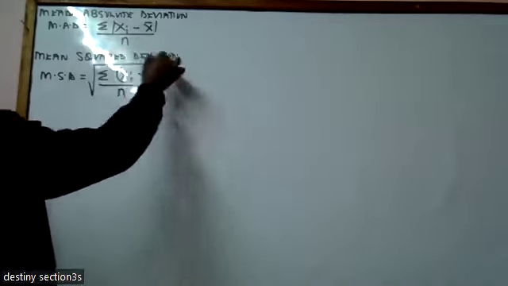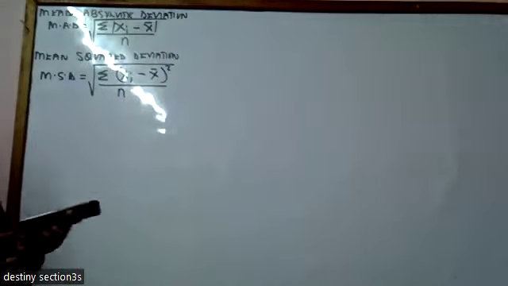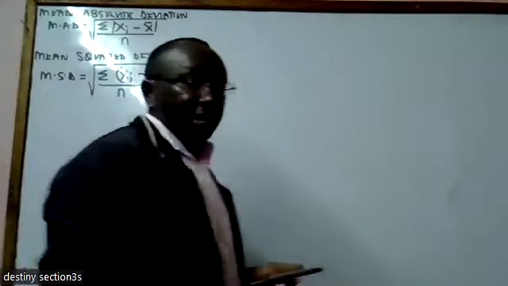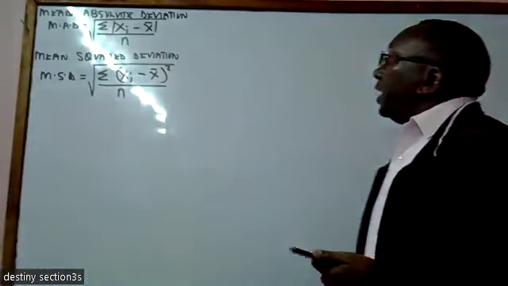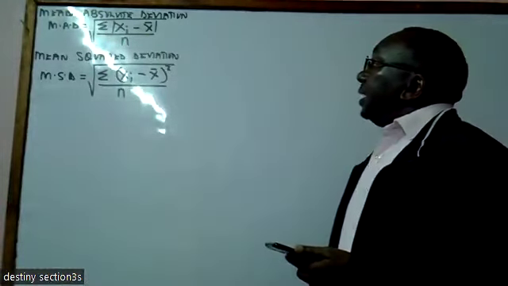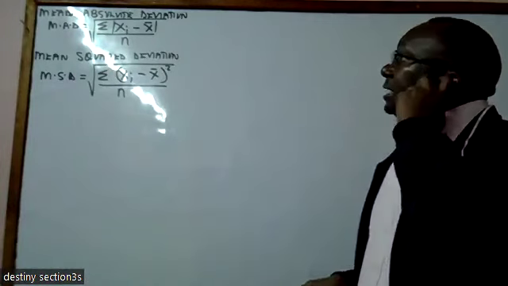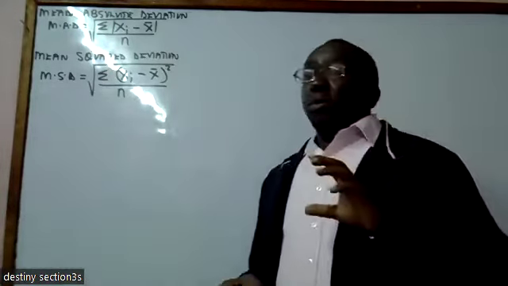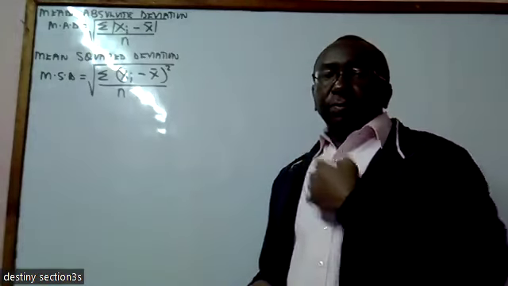You can actually get the square root even here, so that it becomes the deviation. If you don't get the square root, it remains as a variance. That's the difference. But now when we are in time series, we take the actual value and the predicted value.